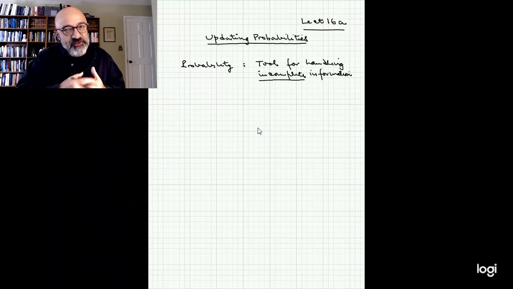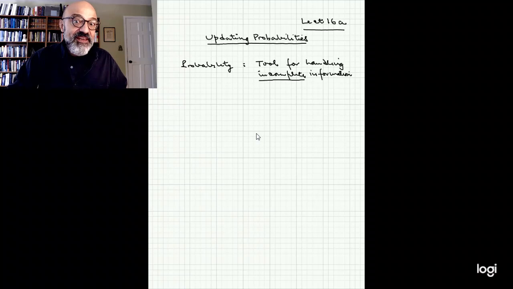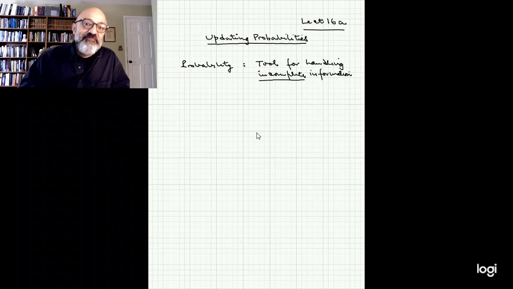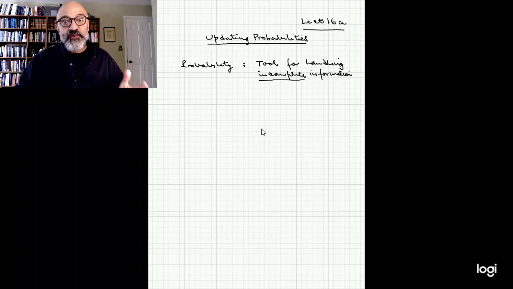How do we get to better probability assignments? If the problem was you had incomplete information, then we were morally obligated to seek more information and then to improve our beliefs, seek better and more objective probabilities. So how do we do that? That's where updating comes in.